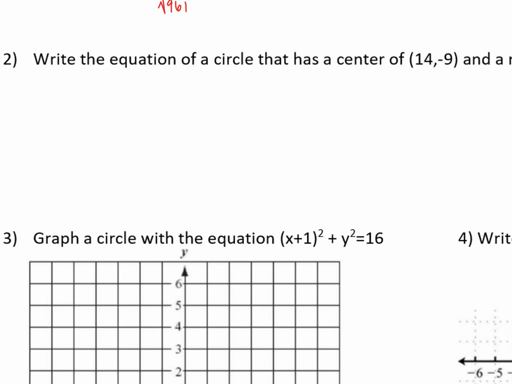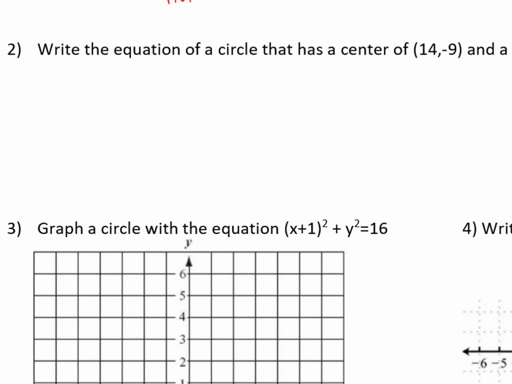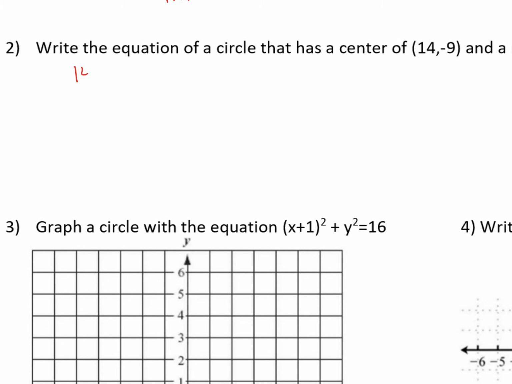Write the equation of a circle that has a center at... so now we're going the opposite direction. We're given the center, so that's h and k, and a radius of the square root of 139. All right, so let's fill that back in.